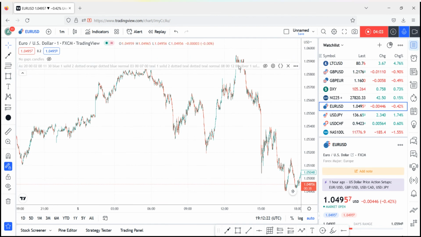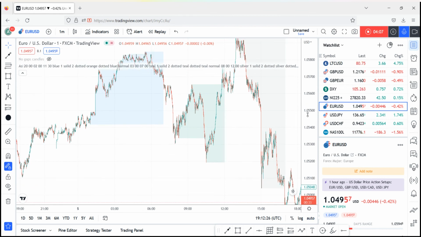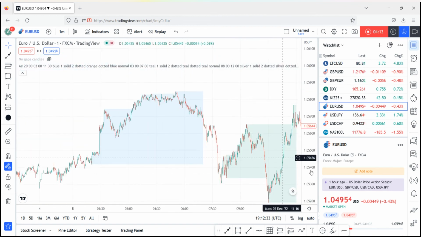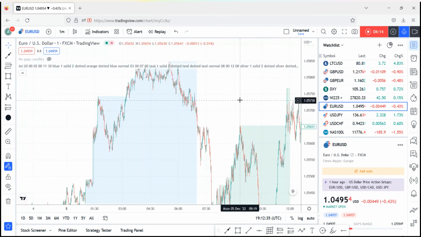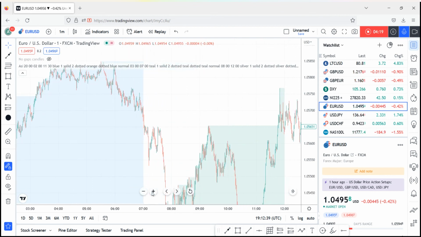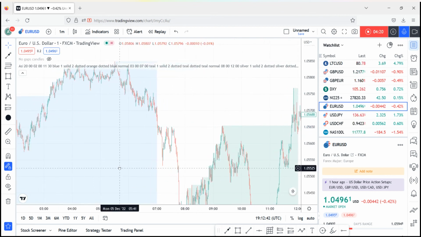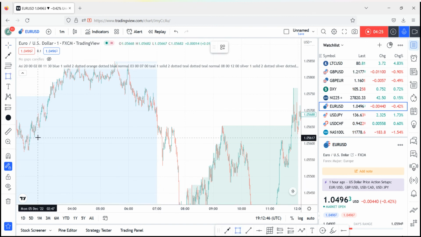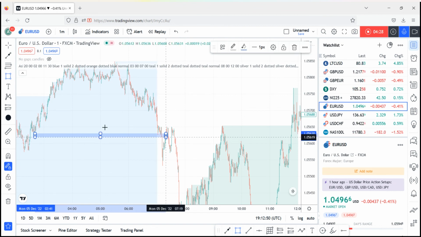What was that? That was the Asian session. So let me put on the indicator, right? So here I took entry. The first entry from here was here. So here, this was a demand zone, right?